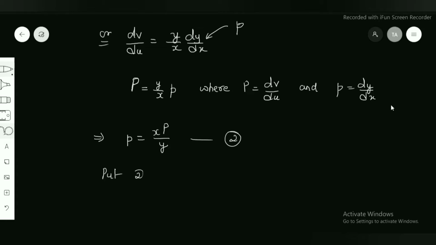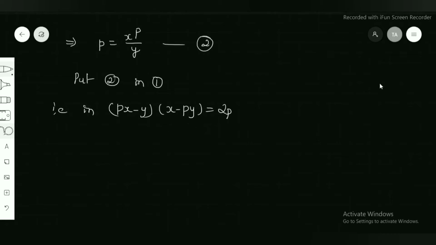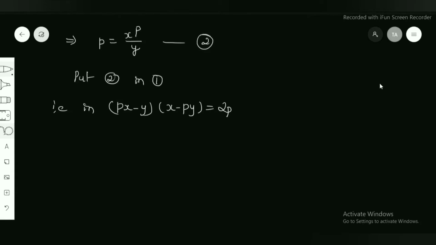Put 2 in 1, that is in (px - y)(x - py) = 2p. Let us substitute the value of p there. Small p we have everywhere in the given differential equation.